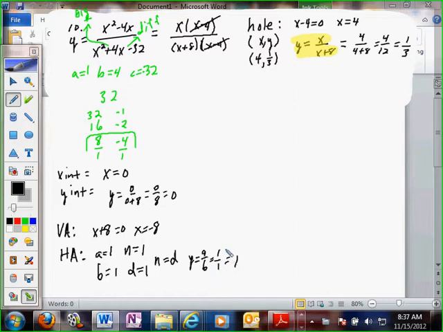And so now what I want to do is I want to graph. So I'm going to make myself an xy plane like before and just go through everything and try to graph it.